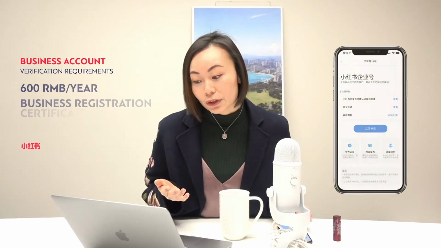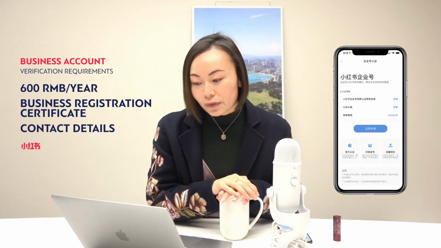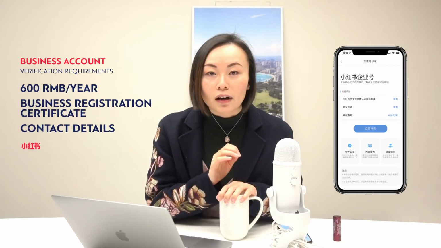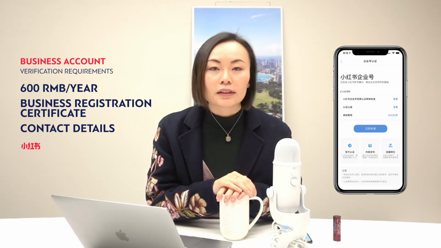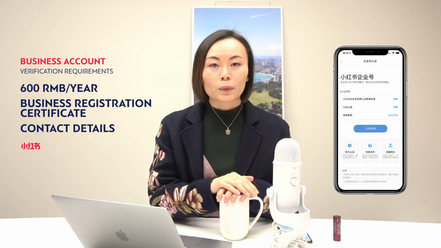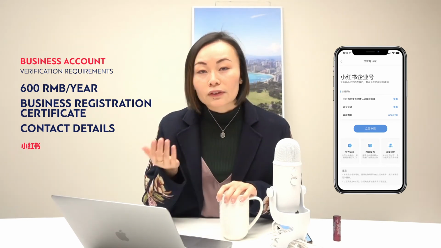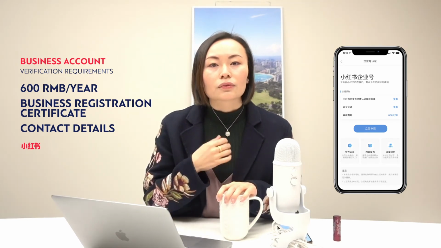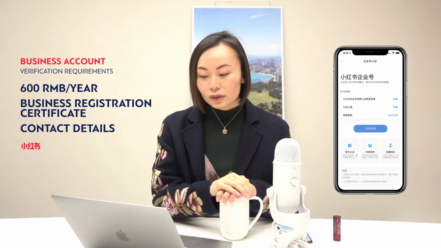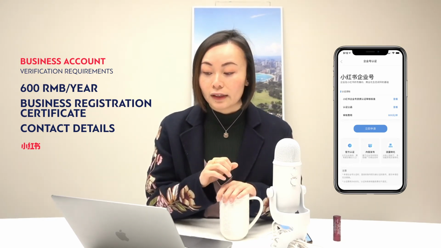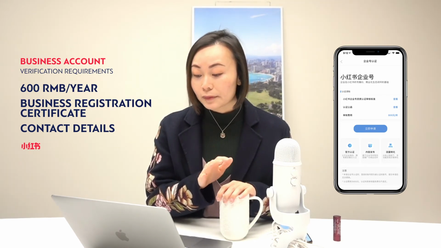What would you need in order to verify? So there is the 600 RMB per year verification fee. So that means once you verify, they will send you a notice at the end of that first year and let you know you need to re-verify. So every year you would need to pay this fee. You would also need to sign the application letter to submit it.